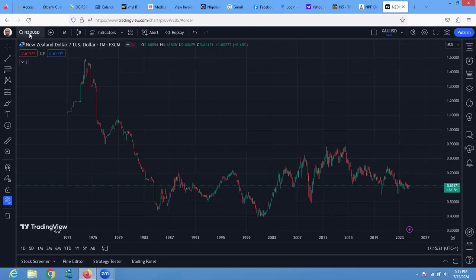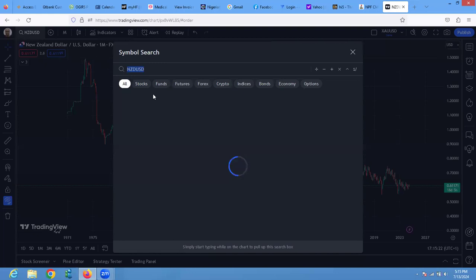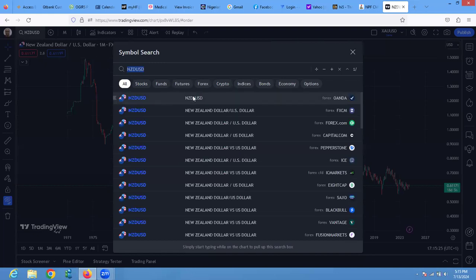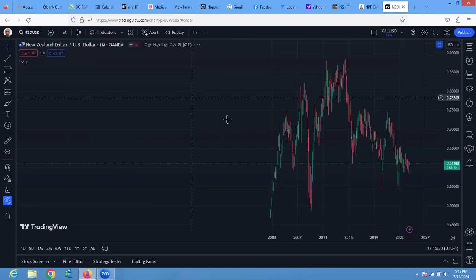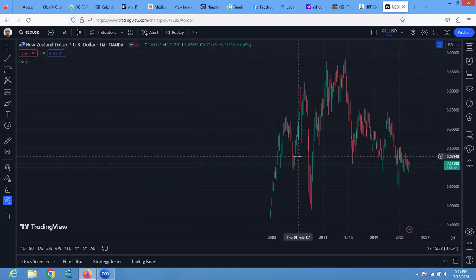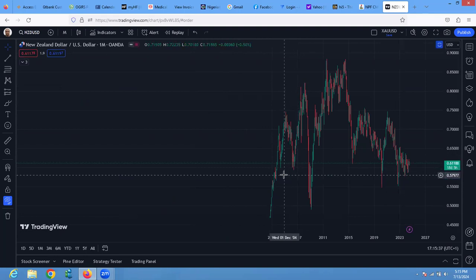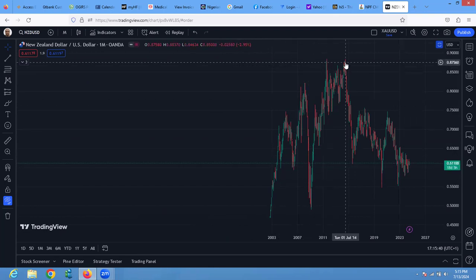If you look at other brokers, let's see this broker, Oanda. You can see that this is incomplete and how are you able to make sense of this? This gives you an impression that this thing has been in an uptrend, or more or less an impression of a flat market.